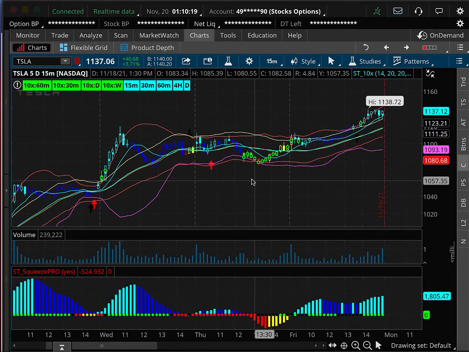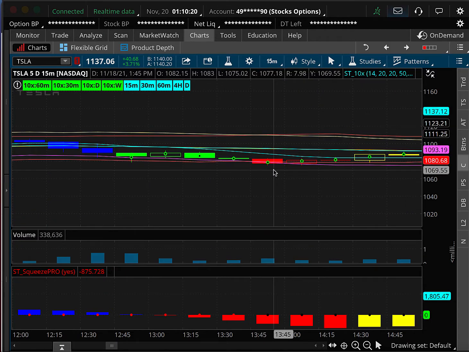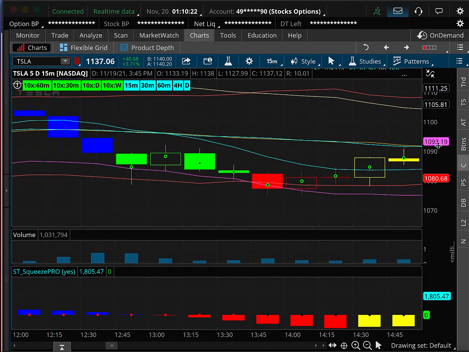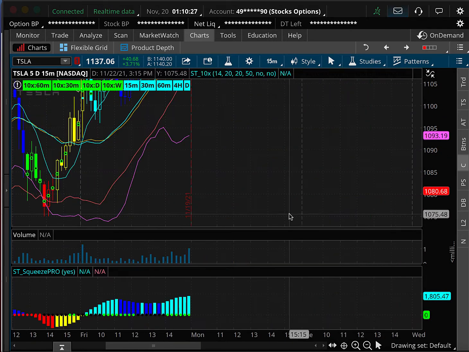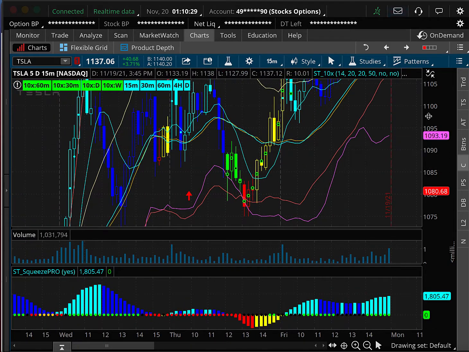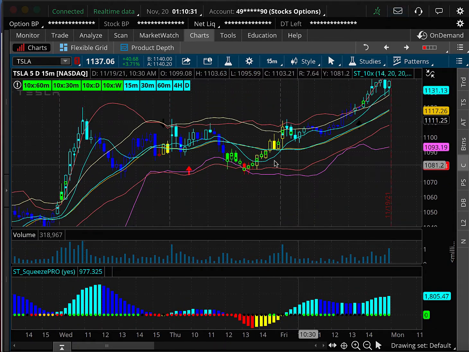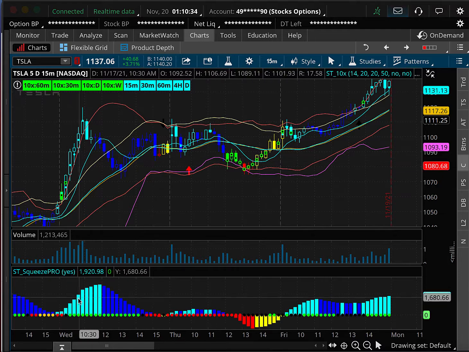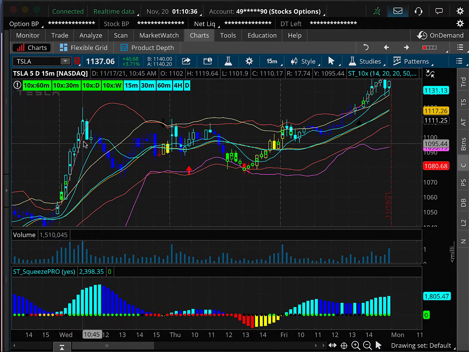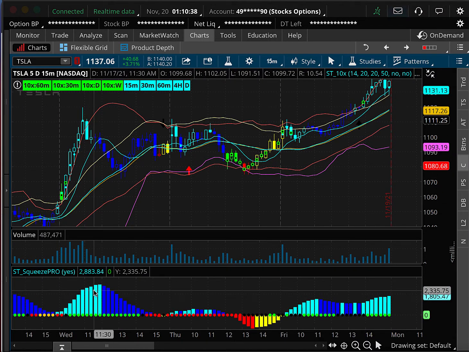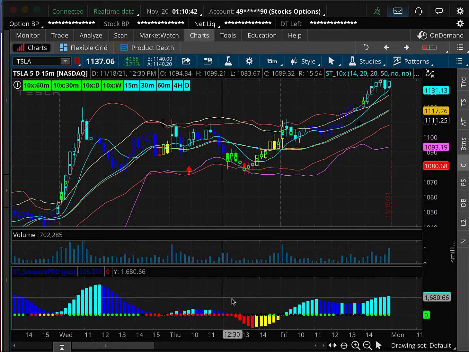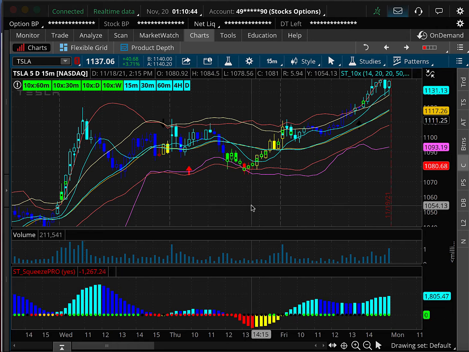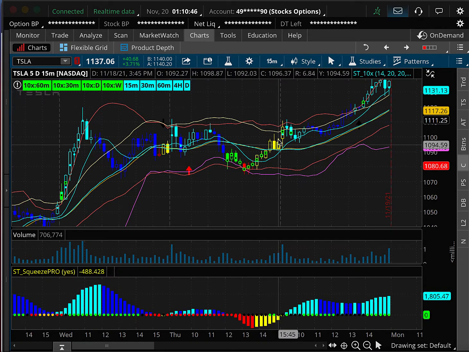Now, if you see a green dot on a green candle, let me just make this a little bit easier for you to see. These candles are just matched to the color of the histograms. You have light blue candles here, dark blue candles here, and red here and yellow here.